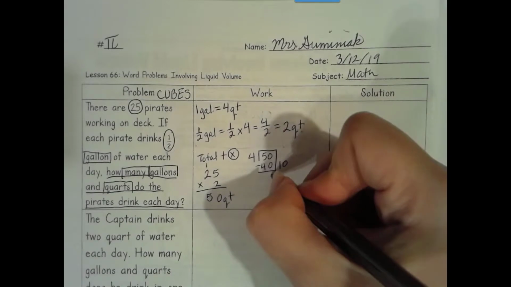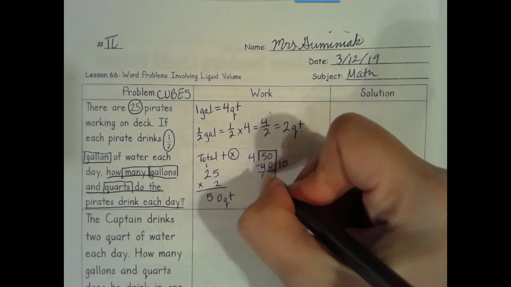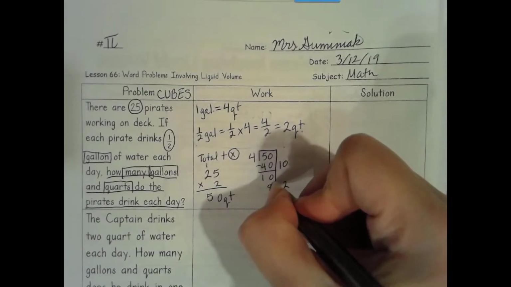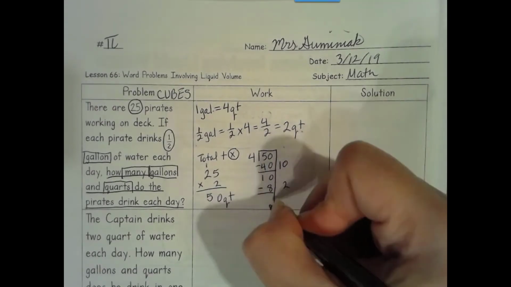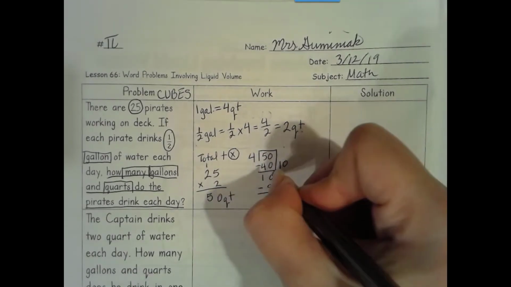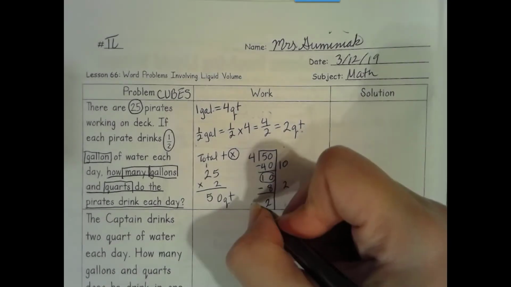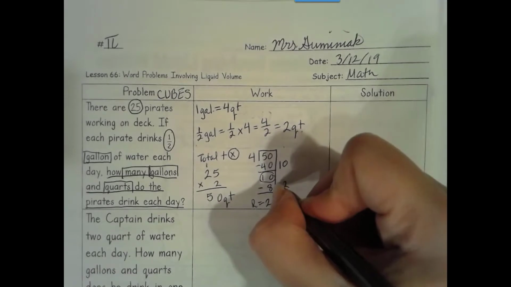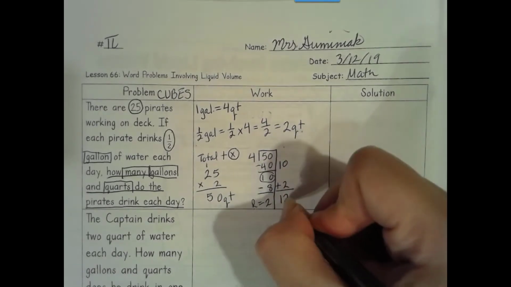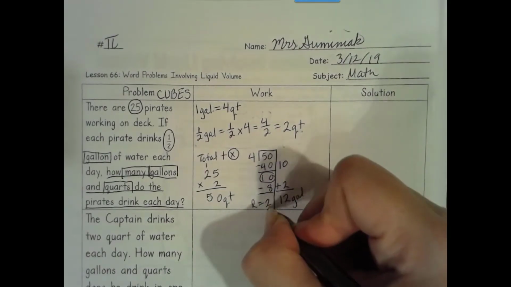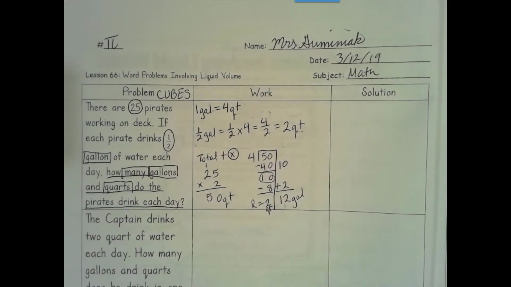That's an easier one. Numbers the same, zeros a game, more on top, no need to stop. 2 times 4 is 8. More on top, no need to stop. Well, because that's just 10, take away 8. So we have a remainder of 2. I can't take another group out. So this is our gallons. We have 12 gallons, and that means we have 2 quarts left over.